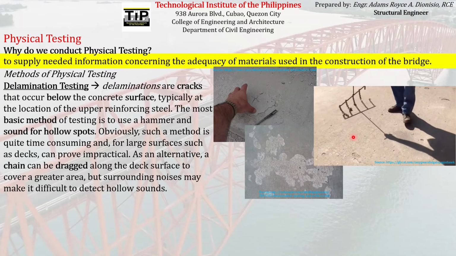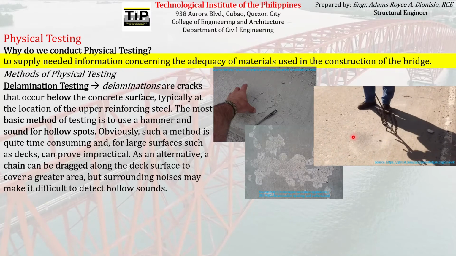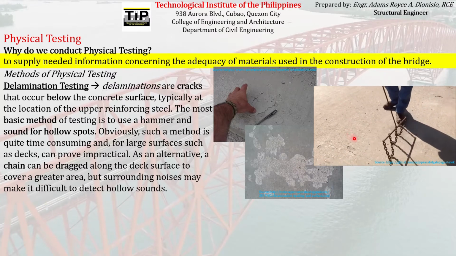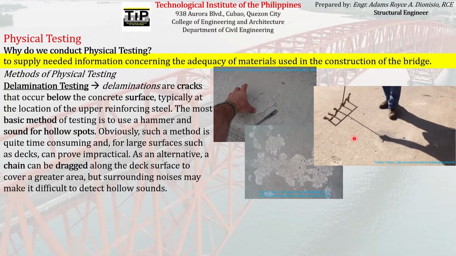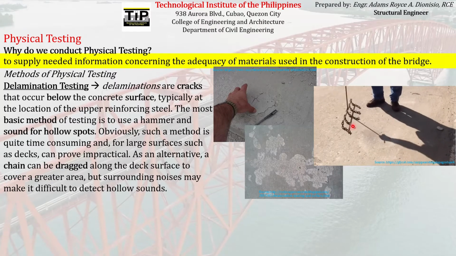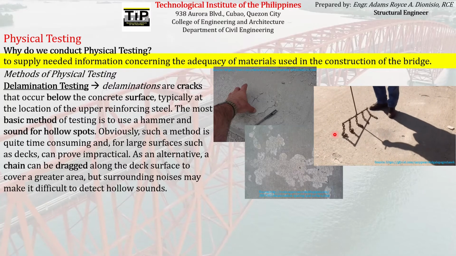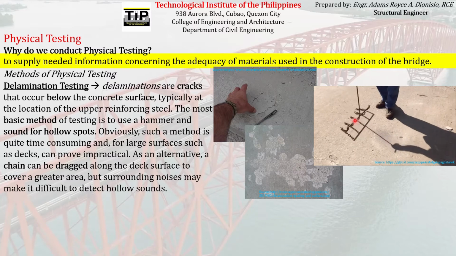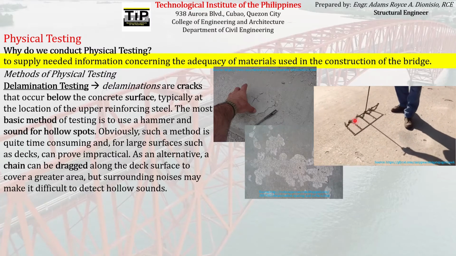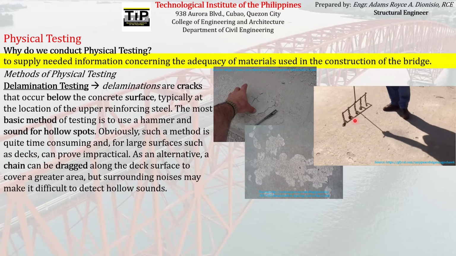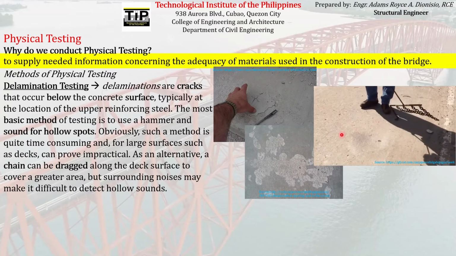Again, just like in the case of using a hammer, whenever we detect a hollow spot sound, that can manifest that delamination already occurred beneath the concrete surface. So we usually mark that particular location where we detected a hollow spot sound and record it so that it will be subjected to maintenance or rehabilitation.